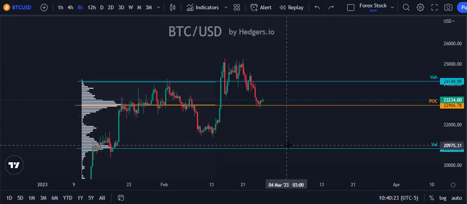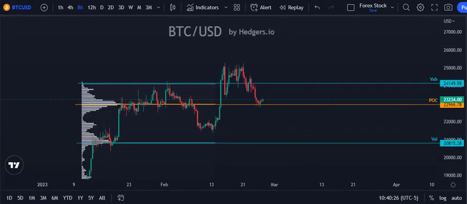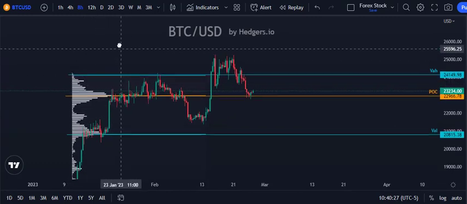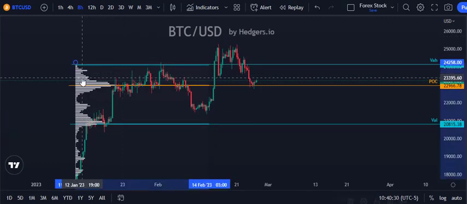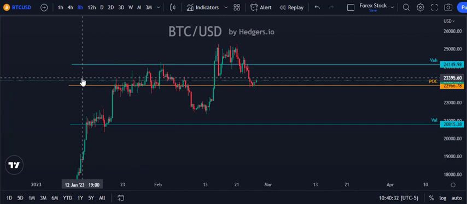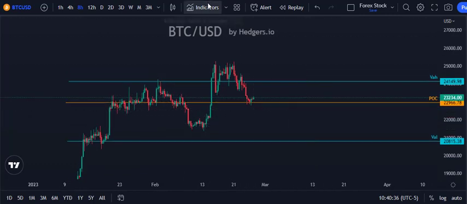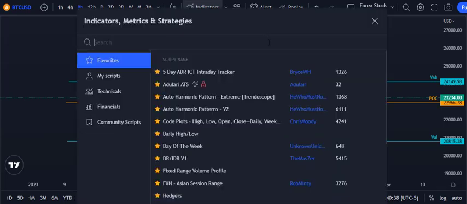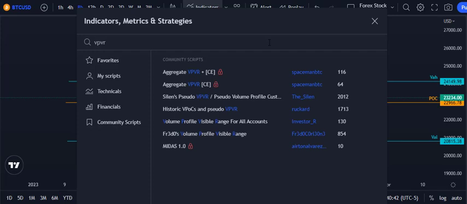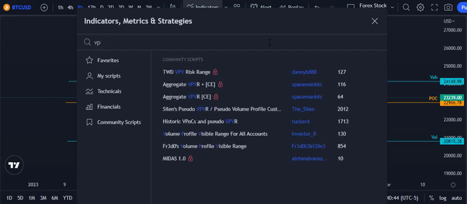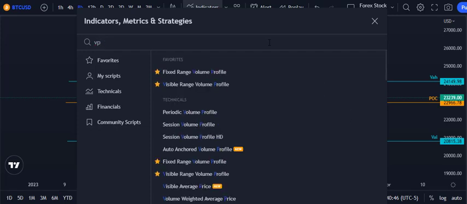Now I'm going to tell you which indicators of the volume profile are important in your analysis. VPVR, the visible range profile, is really important for your analysis.